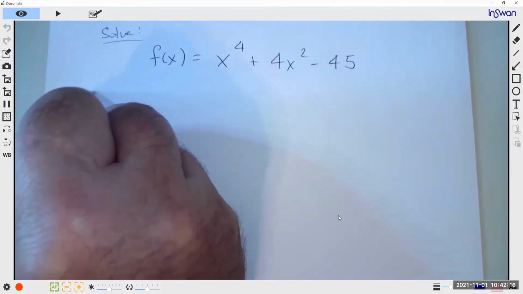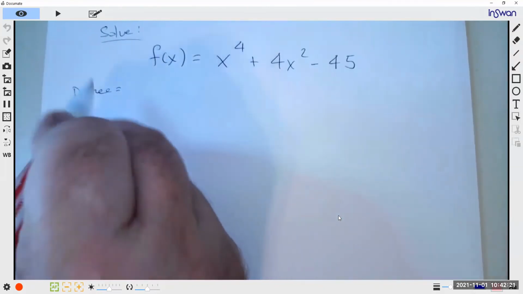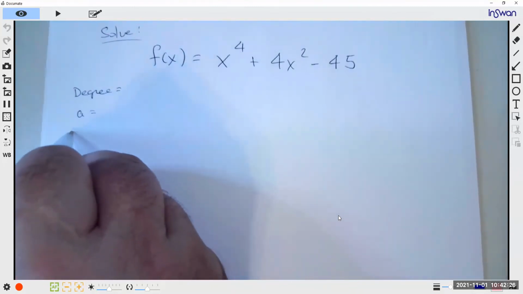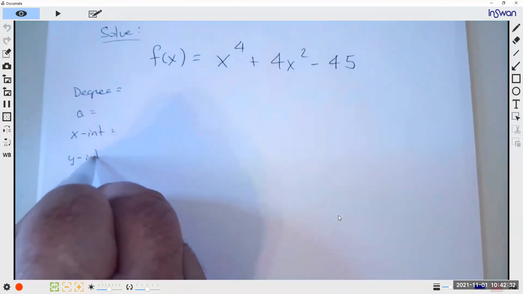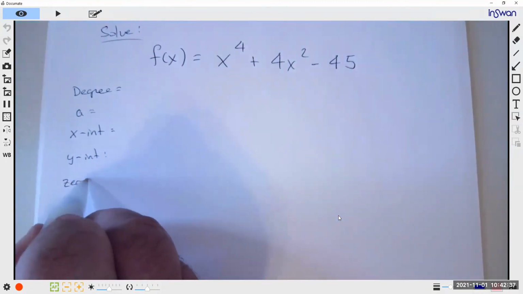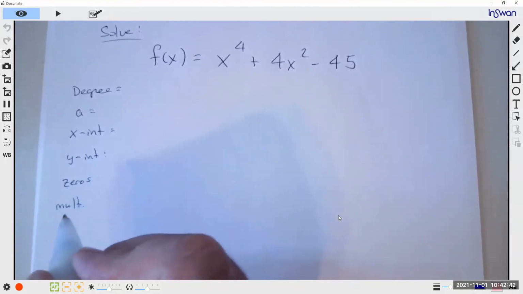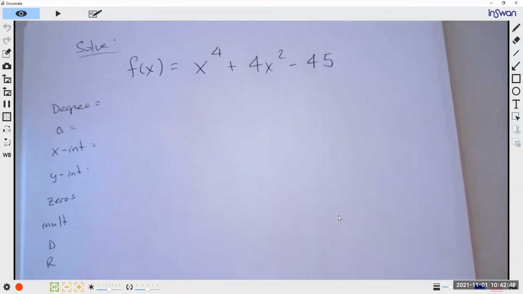So the degree, the value of a, the x-intercepts, the y-intercepts, the zeros, multiplicities, domain, and range. Just everything we can tell so far with what we know.